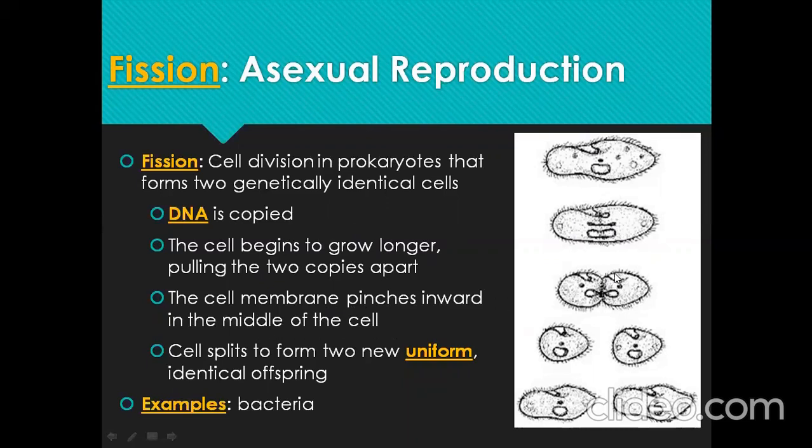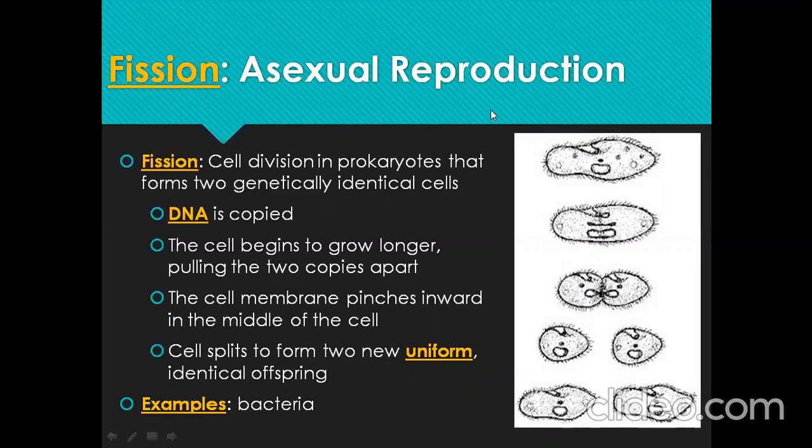So the cell membrane is now pinching inward, right? The cell splits to form two new identical offspring. These two cells will split from each other, and two identical offspring will form. Identical offspring means they are similar to their parent, to this original one.